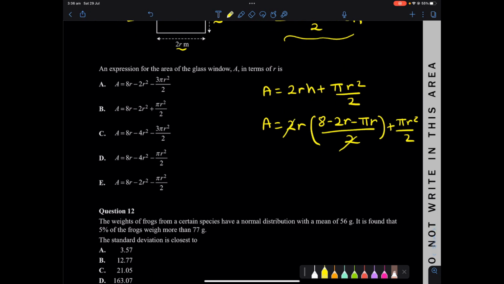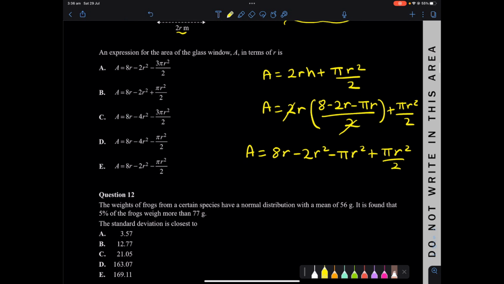The 2s cancel out, so the area is 8r minus 2r squared minus pi r squared plus pi r squared over 2.